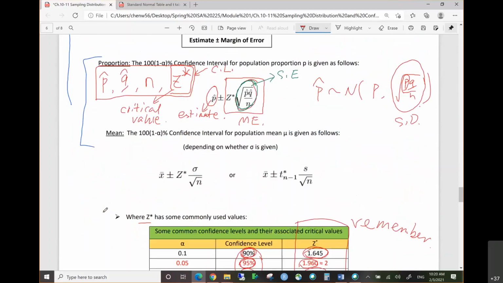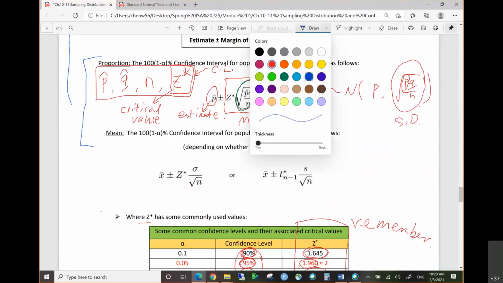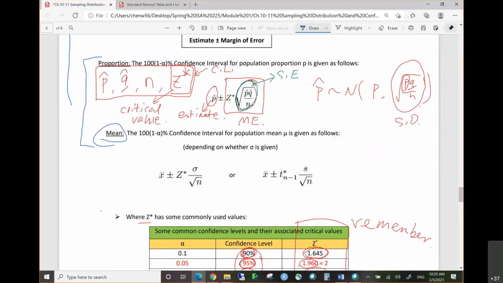The other way, if we want to get the confidence interval for the population mean, similarly, we still have the estimate. Now we use the sample mean to estimate the population mean. So again, this x bar will be your estimate. Still remember x bar follows a normal distribution with mu and sigma over square root of n.